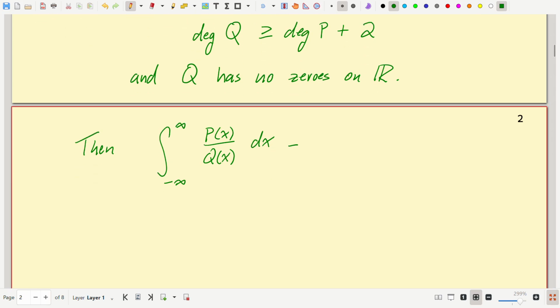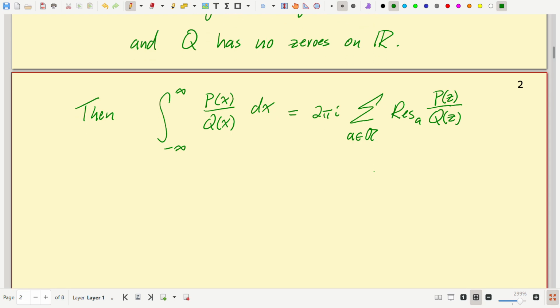And all it is, is 2 pi i times the sum of the residues of p over q of z, complex valued versions, where a ranges over all the zeros of q that are in the upper half plane, where a is equal to the set of z such that q of z equals 0.